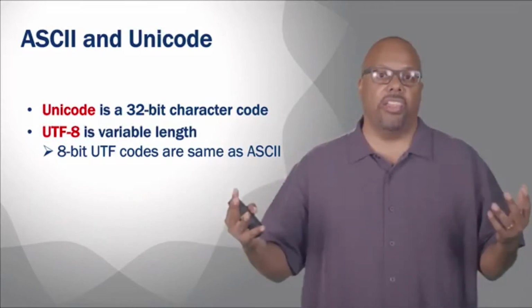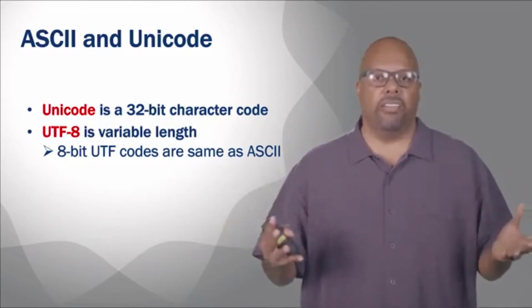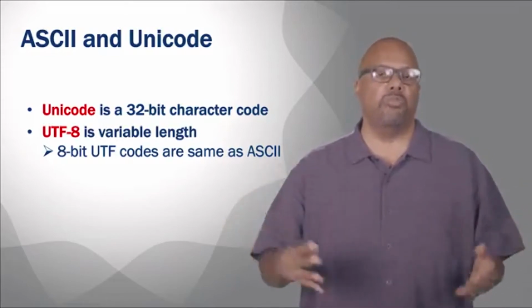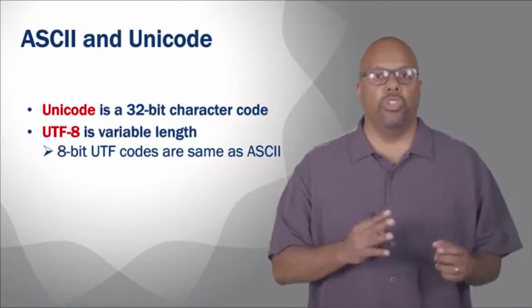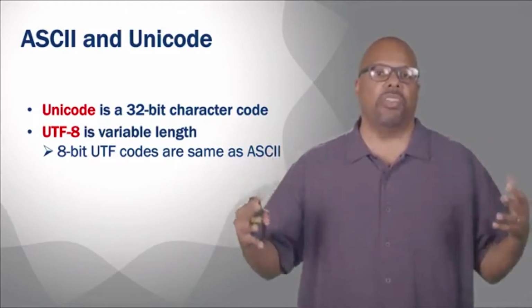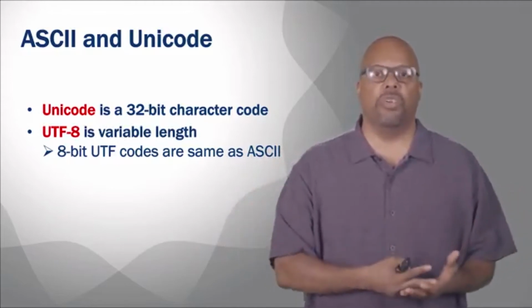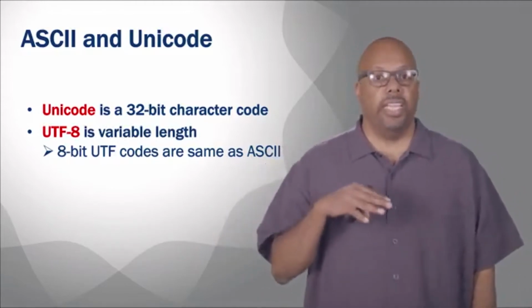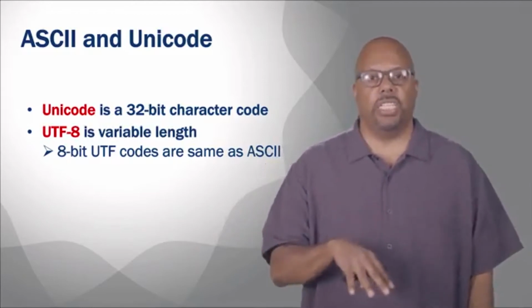They're outside of that. They require more bytes. You can't just use an 8-bit code to represent those, so maybe those are 16 bits or 32 bits. So UTF-8 is a variable length code, but it represents a lot more characters than you can represent with ASCII. Now, the default in Go is UTF-8.